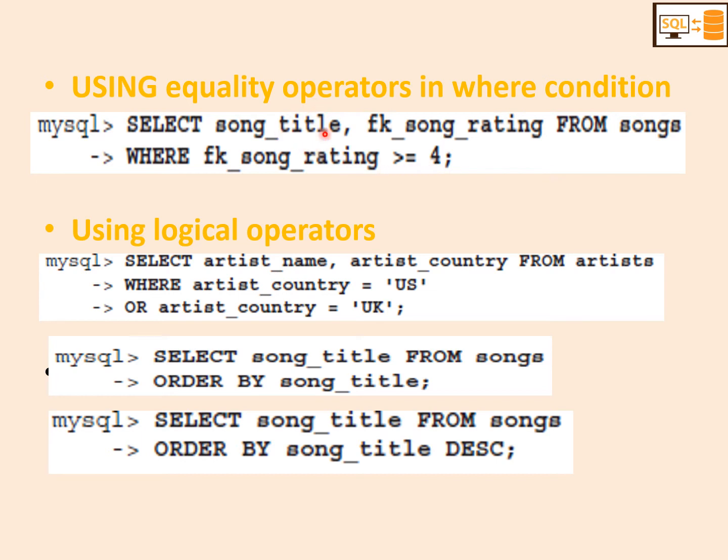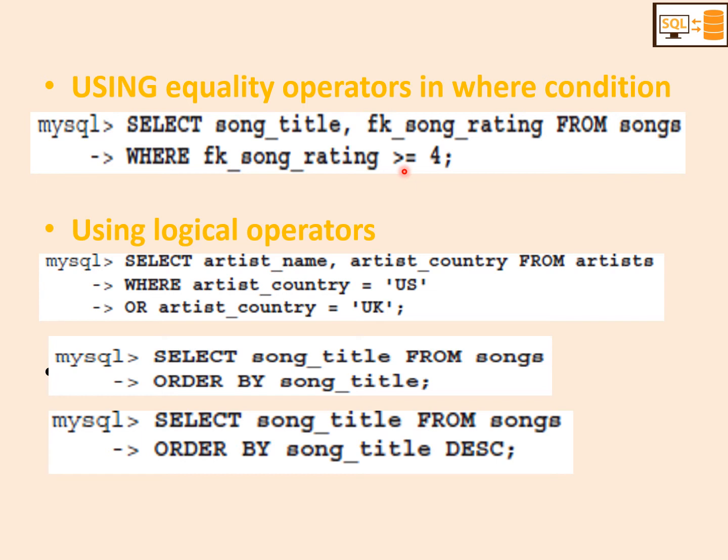This command shows that we are trying to extract the song title and the song rating from the songs table whose song rating value should be greater than or equal to 4. So we are dealing with the songs table, and from the songs table we have to check the song rating column. If the rating is greater than or equal to 4, such rows are extracted, and from those rows the song title as well as the song rating should be displayed. So the first thing that happens is that we select all the rows with rating greater than or equal to 4.